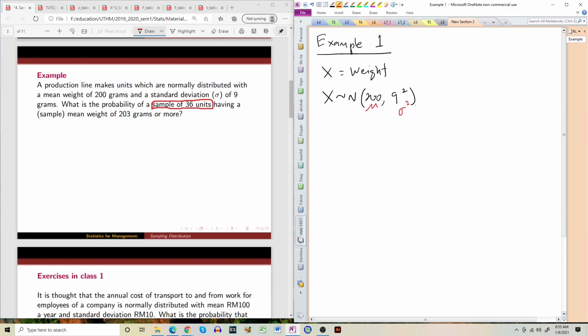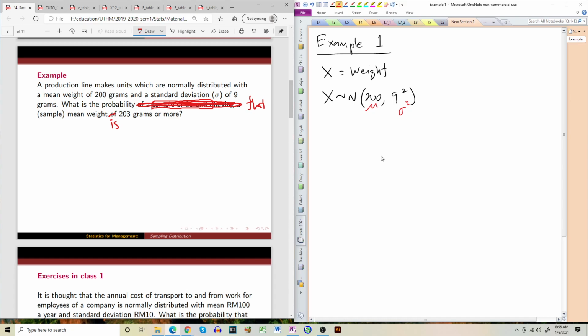If it is a normal distribution, chapter 3, the question would be what is the probability that the mean weight is more than 200 gram or more.